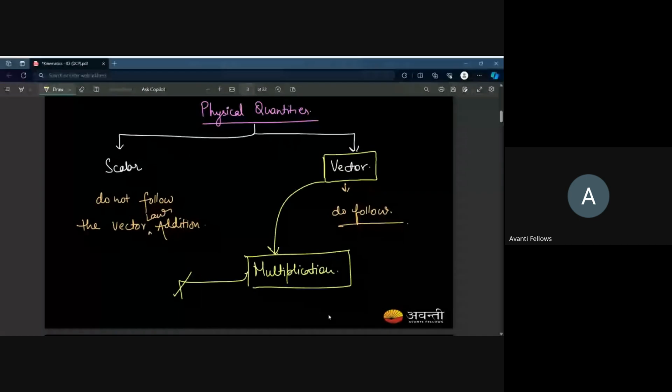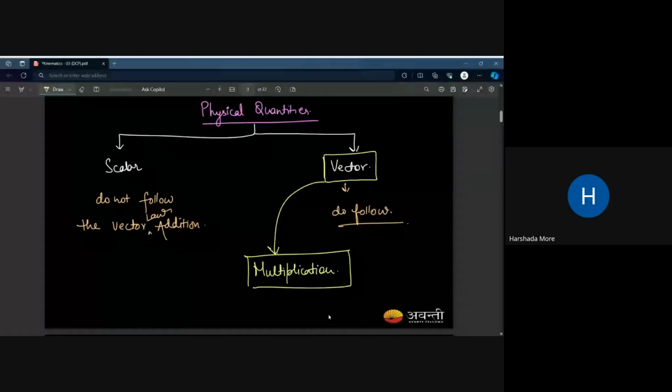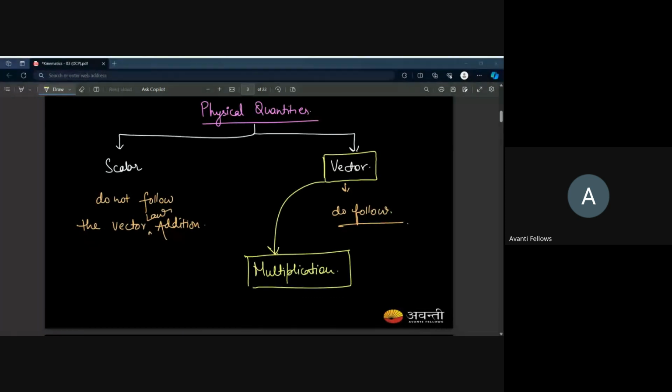Anyone? Ma'am, can you repeat your question? Can you tell me more about vector multiplication? How many types of vector multiplication are there? If I'm being more precise, what is a scalar product, what is a vector product, that kind of thing.